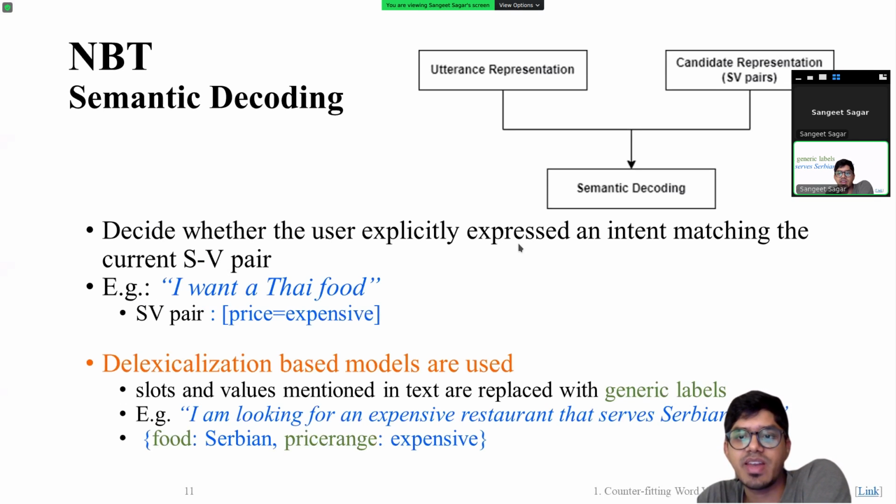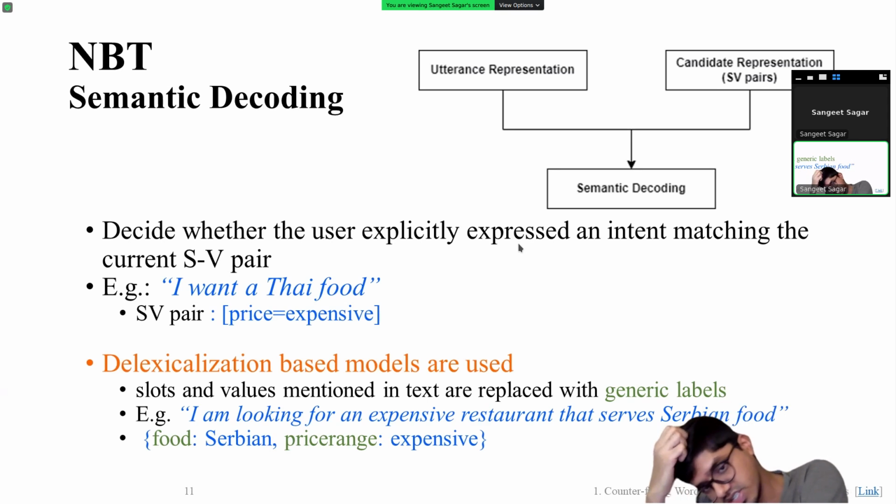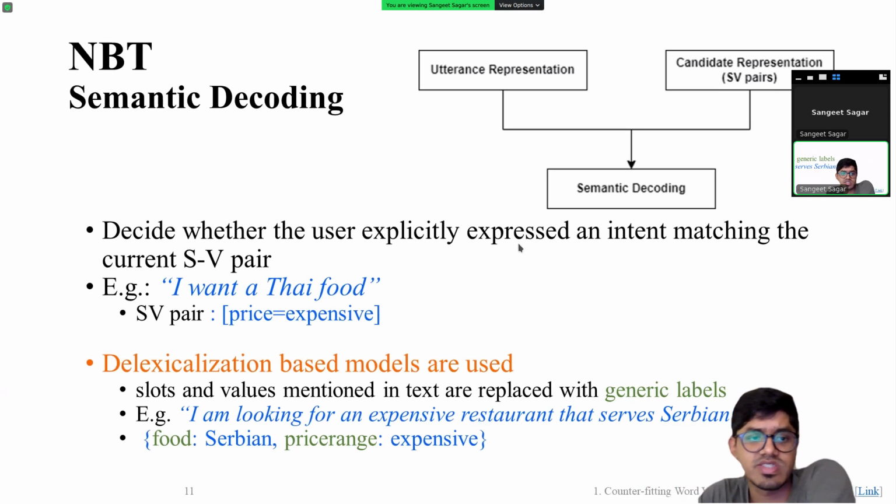Next, we have semantic decoding, which checks whether the current user utterance indeed matches the current slot value pair. And this module uses two models to perform decoding, which are delexicalization-based models and a semantic dictionary. So these are the kind of baseline models.